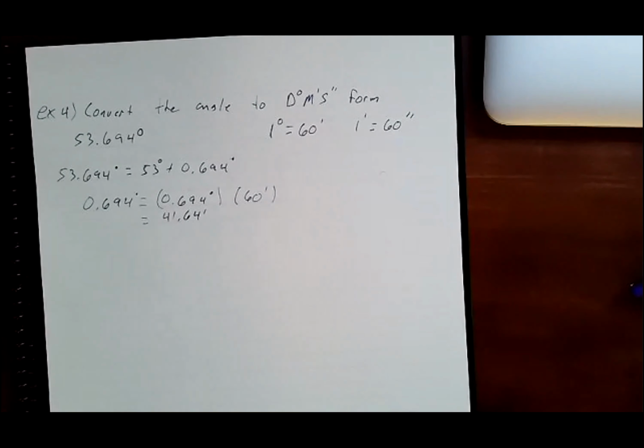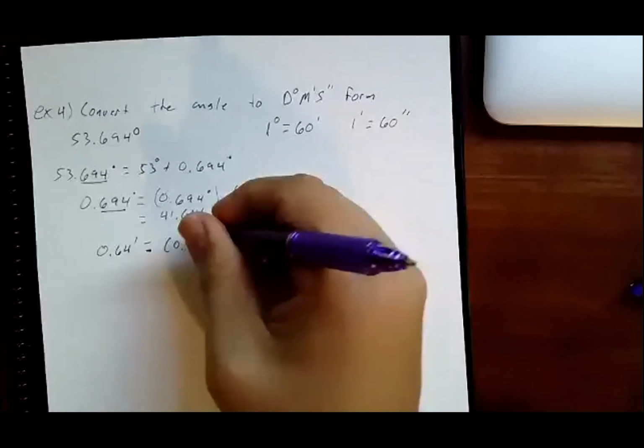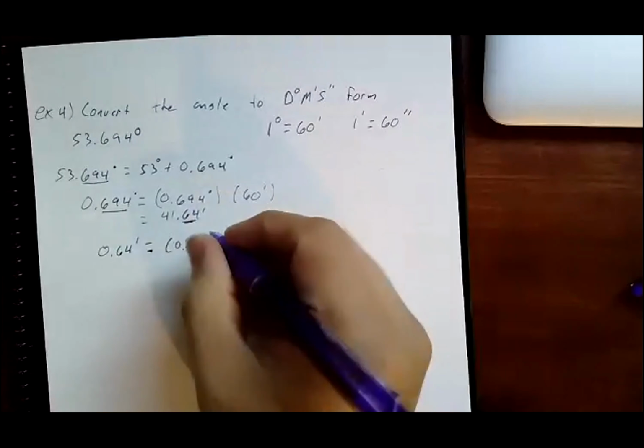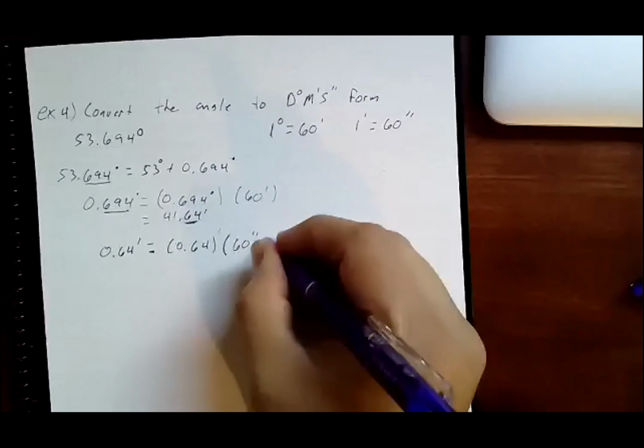So then we focus on the decimal part again. Okay. So we're going to look at this piece right here. So 0.64 minutes is equal to 0.64 minutes. Let's put the minutes outside. Times 60 seconds. So I can get to seconds.